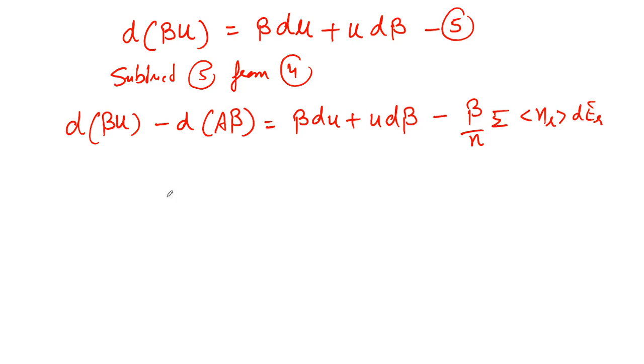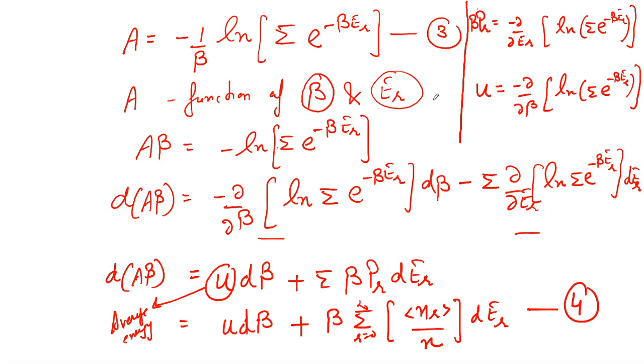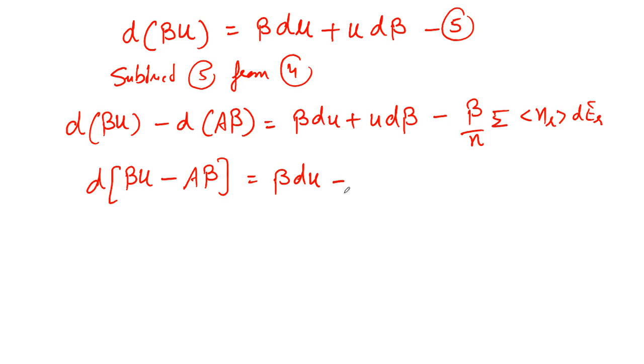So this I can write as βU minus βA, that is equal to βdU minus, so here there is one more term, that is Udβ, so you can see Udβ is also there, so I will write it as minus of Udβ.